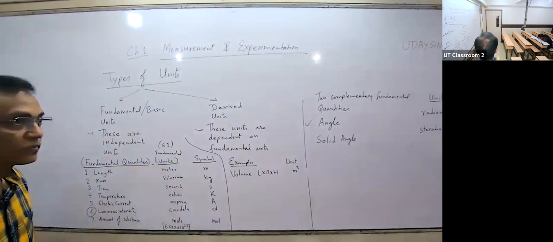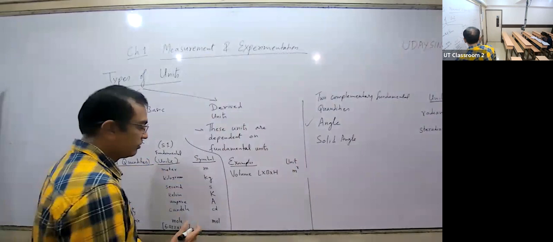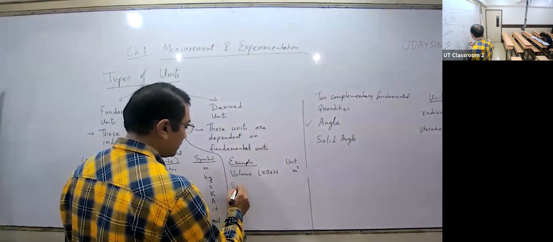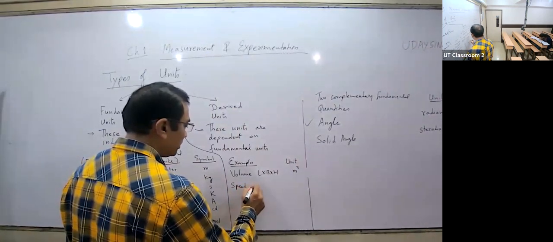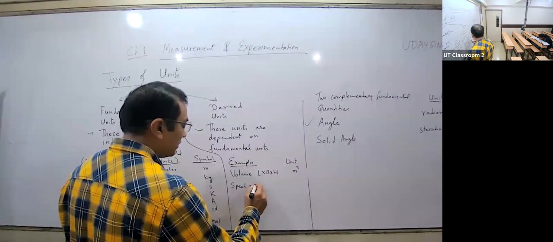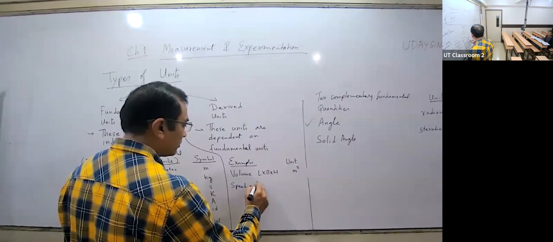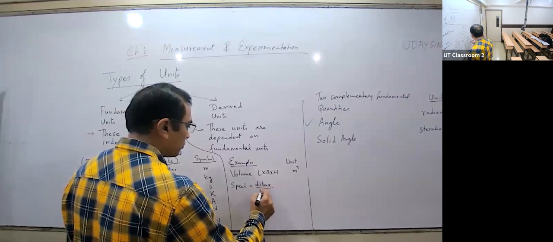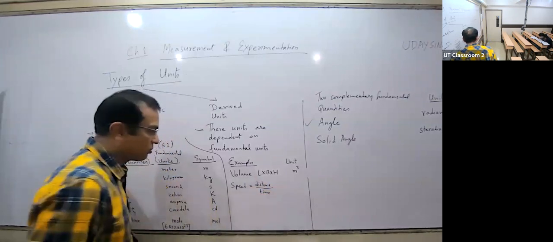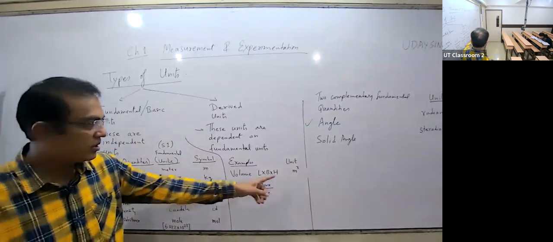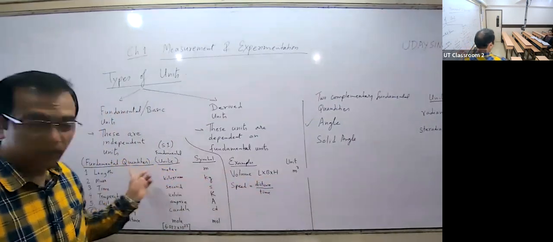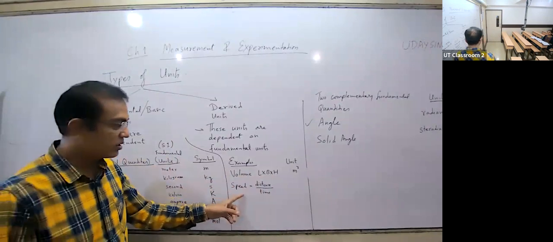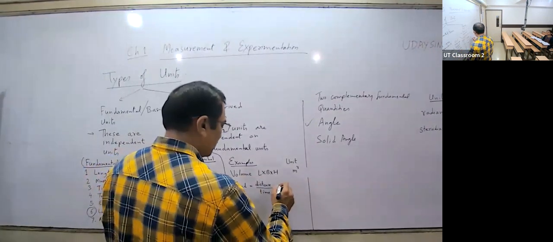Okay. Any other derived quantity? Speed? Yes. What is speed? Distance upon time. So from the formula you will get the unit. This is a derived unit because it depends on the fundamental unit length. What is the unit of distance?